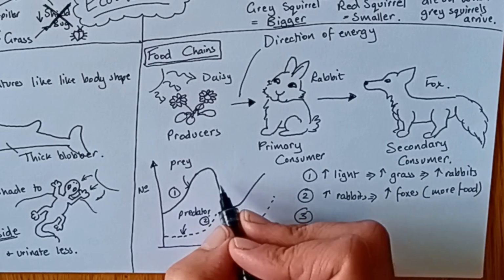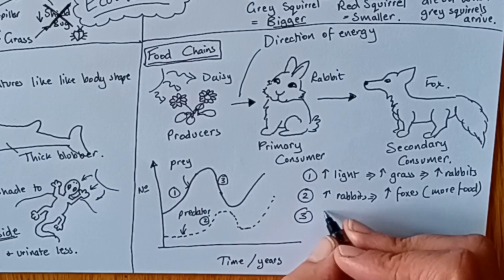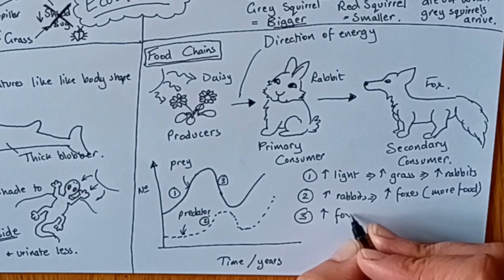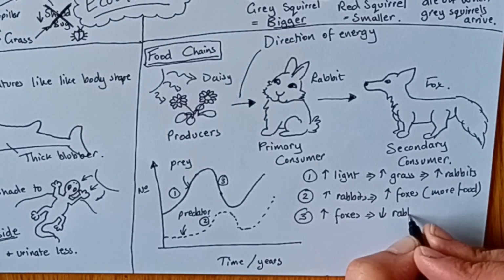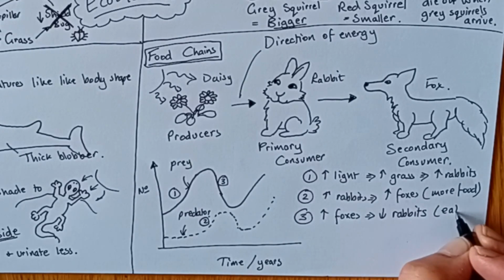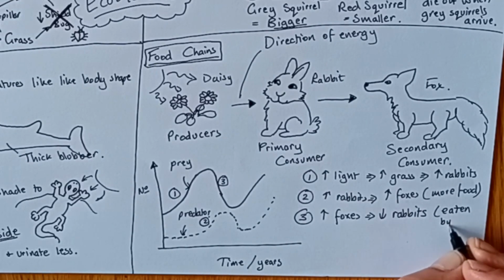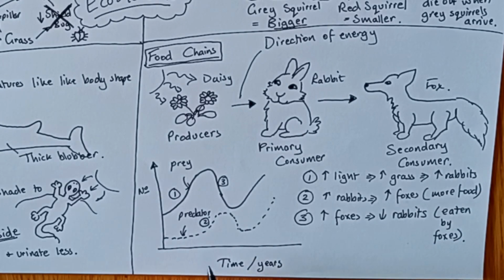And then as the foxes increase, they are going to eat the rabbits, so the rabbits are going to decrease. The increase in foxes leads to a decrease in rabbits because they're being eaten by the foxes. And this is called a predator-prey cycle and shows the fluctuations of populations through food chains.